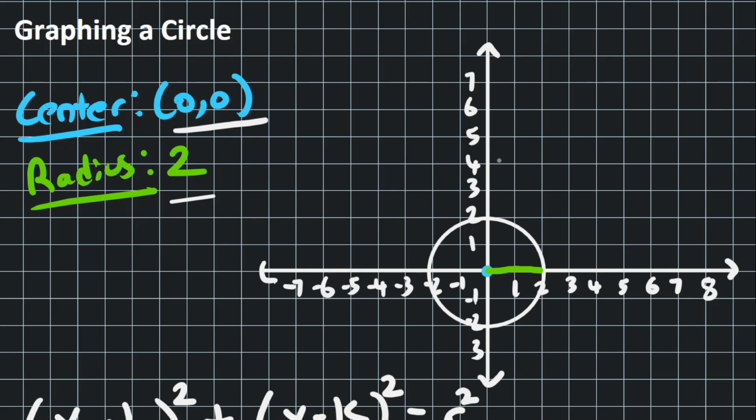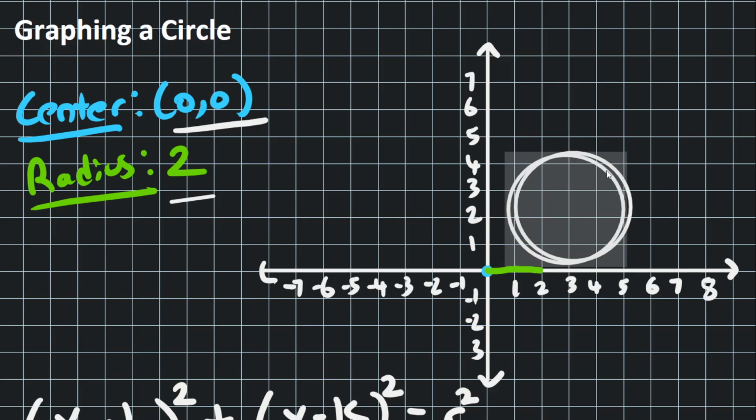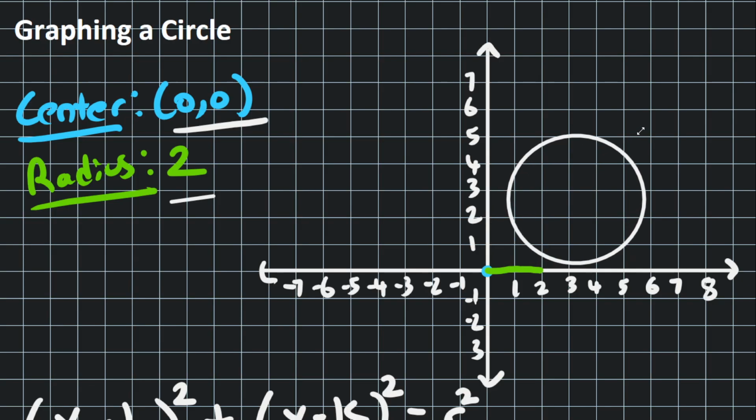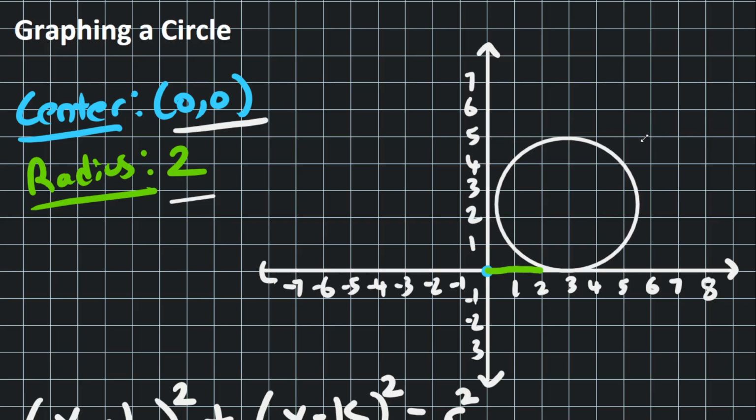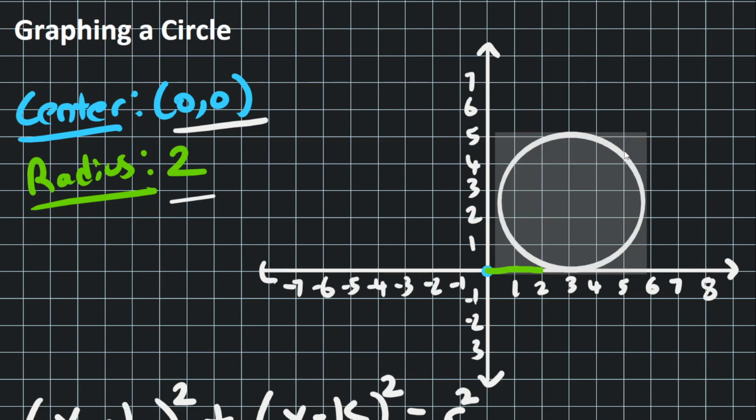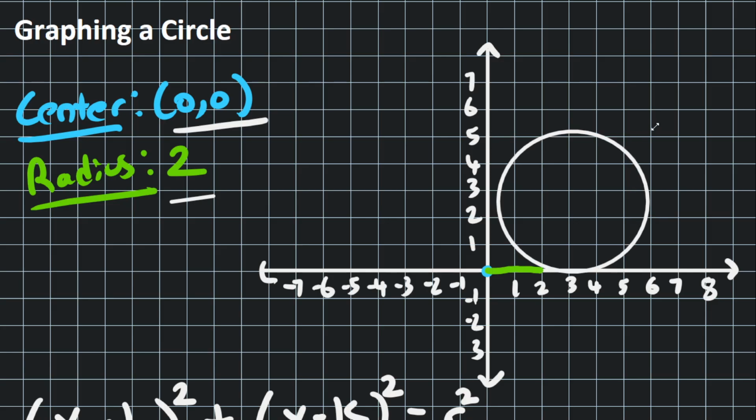So let's go through another example. Let's say instead of the circle being right there, let's say it was up here and it was a little bit bigger. So it has a larger radius. Right over, let's go ahead and just expand it just a little bit.